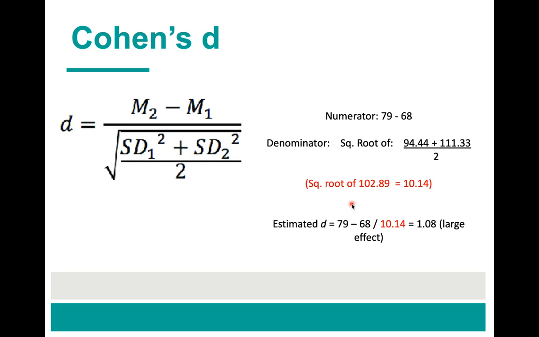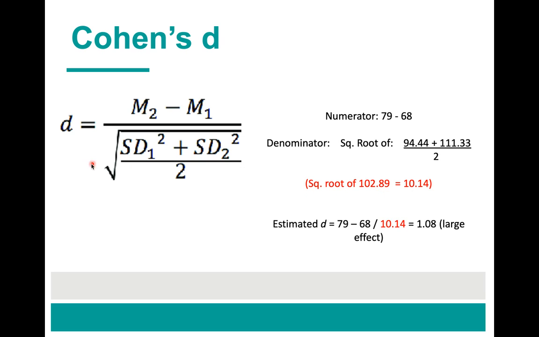We'll go over the math one more time. Take each variance, right? The squared standard deviation is variance. So the variance of group 1 plus the variance of group 2 divided by 2 equals 102.89.